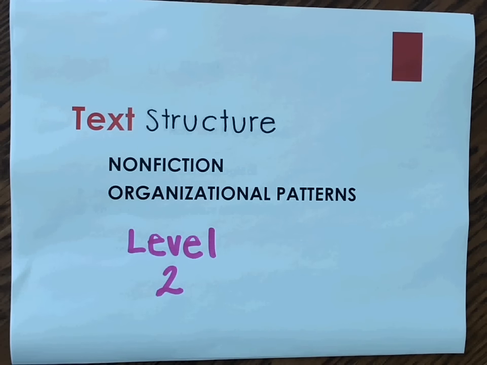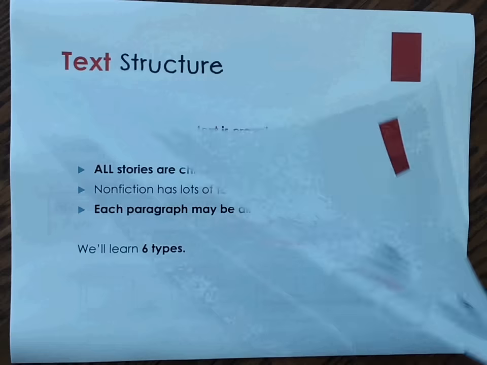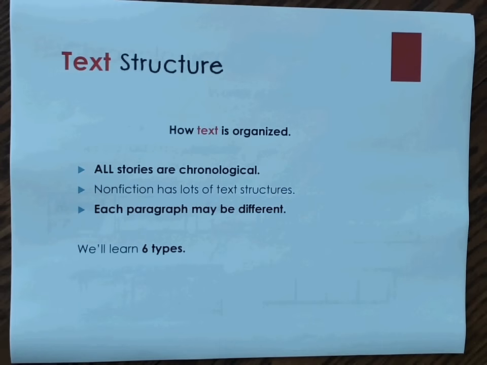This is the Text Structure Level 2 nonfiction, or organizational patterns, video. A text structure is how the text is organized. Whenever I say text, it means a passage or a paragraph, anything that is written and that you can read.